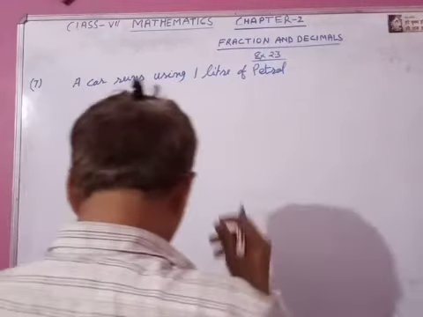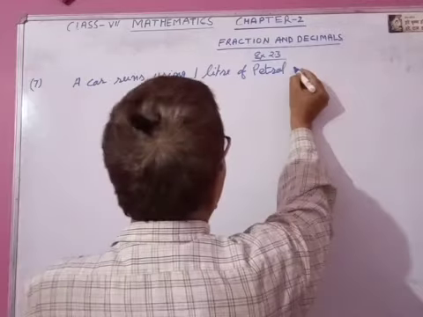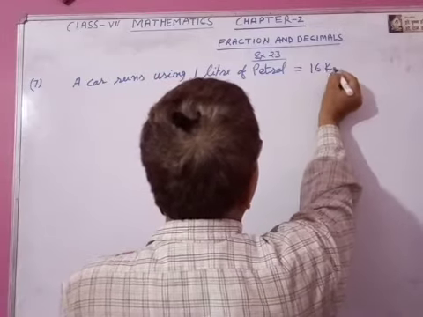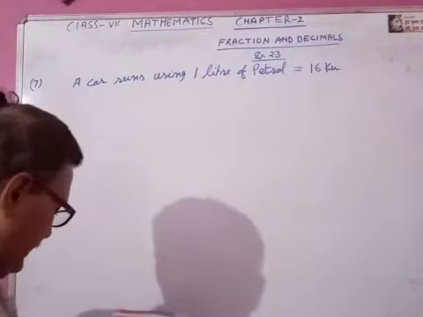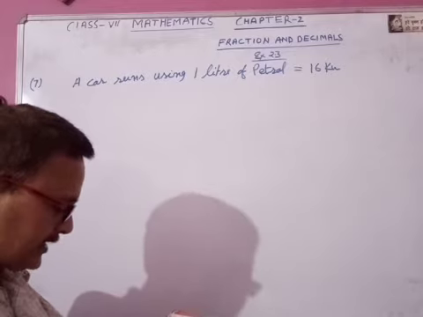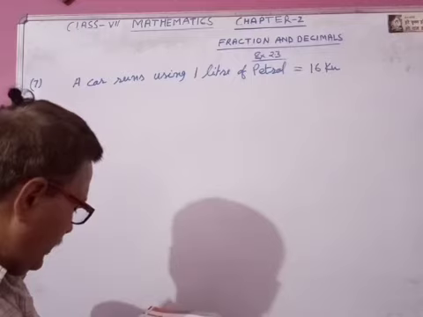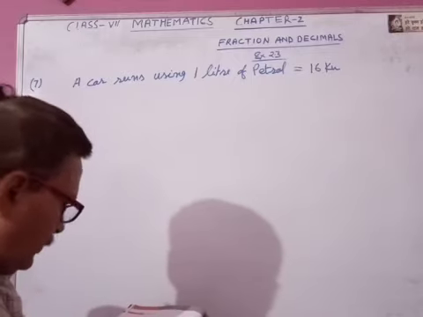A car runs 16 kilometer using 1 liter of petrol. How much distance will it cover using 2 whole 3 upon 4 liters of petrol?